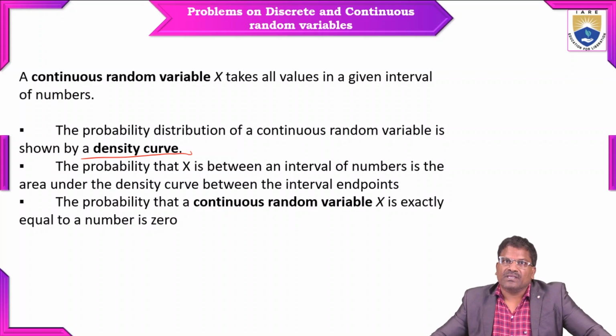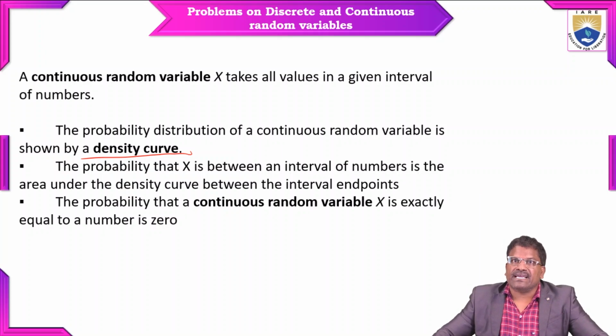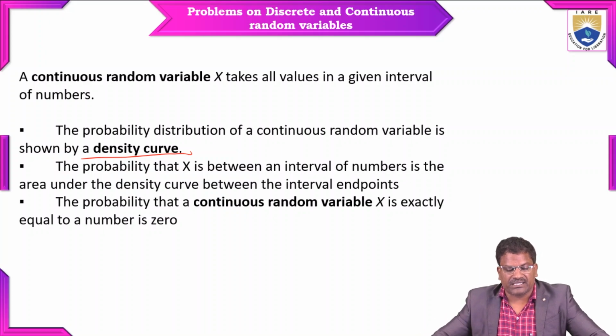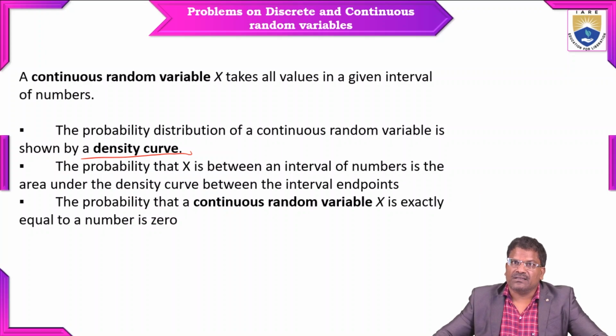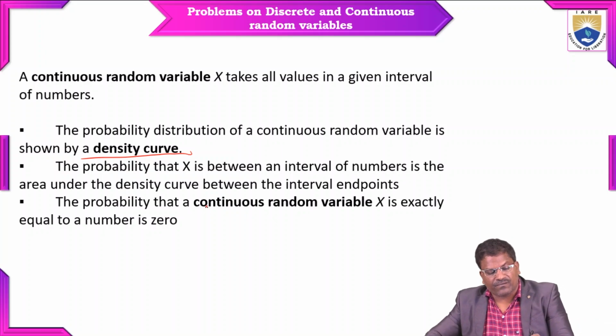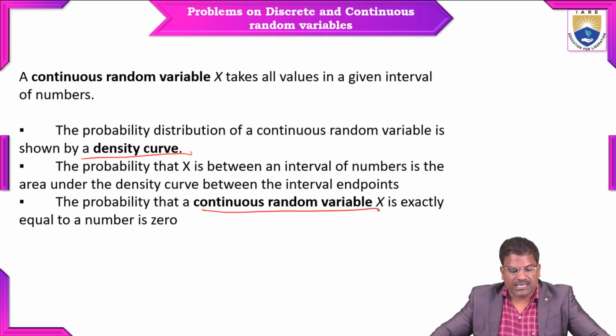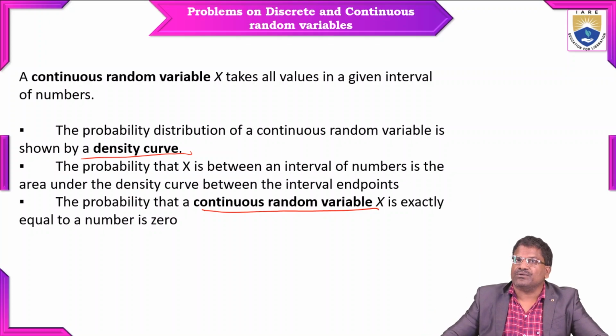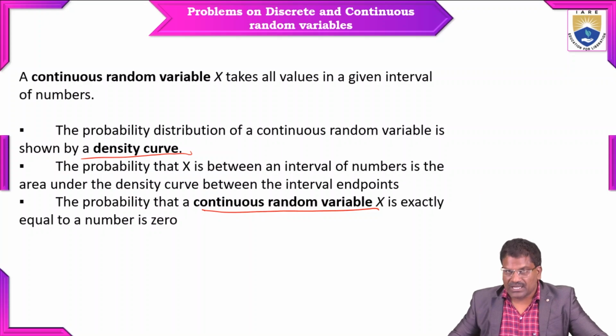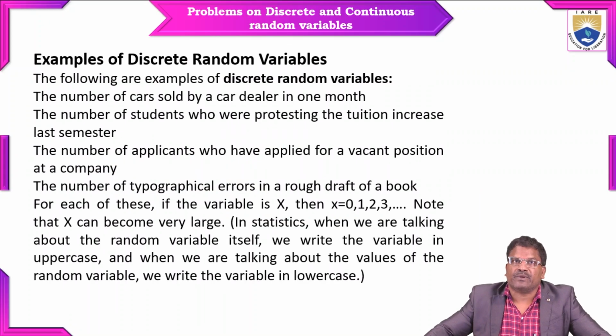One more thing, the probability that X is between an interval of numbers is the area under the density curve between the interval endpoints. The probability that a continuous random variable X is exactly equal to a number is 0. So, like that, we can discuss their probabilities.